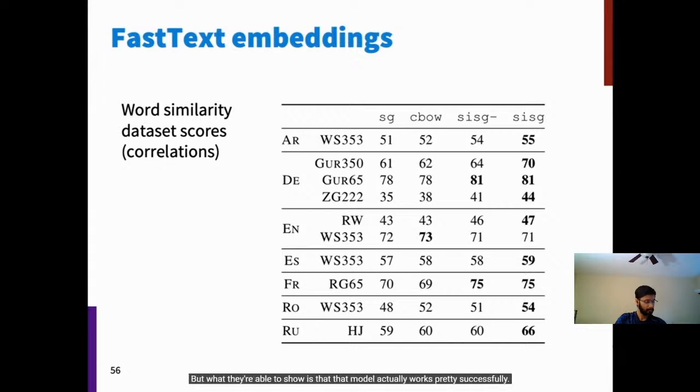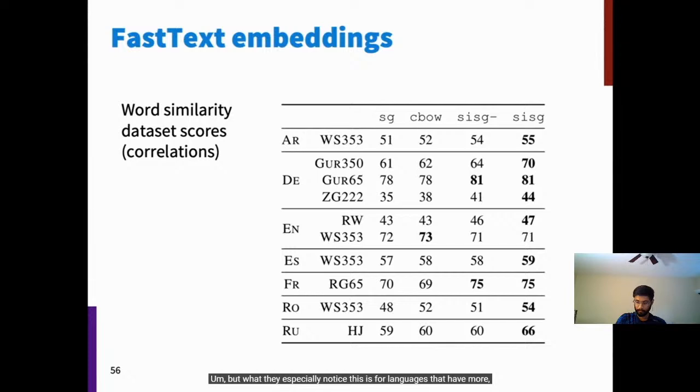But what they're able to show is that that model actually works pretty successfully. So these are word similarity scores: skipgram, their old CBOW, and then this is the new model that uses these n-grams. And in this, at least for one of the English data sets, it doesn't get any better.